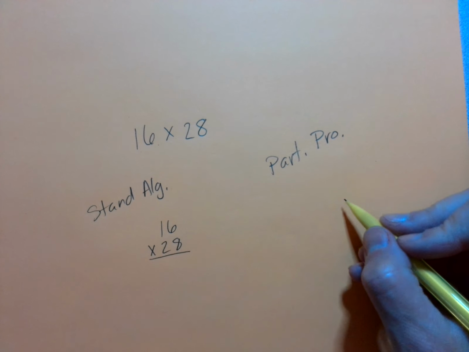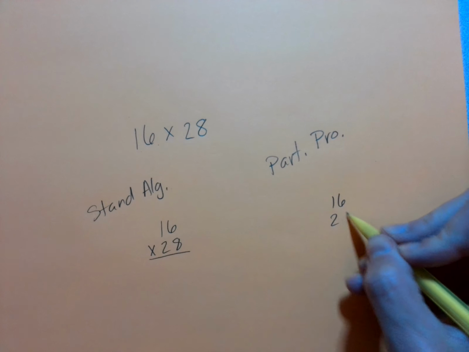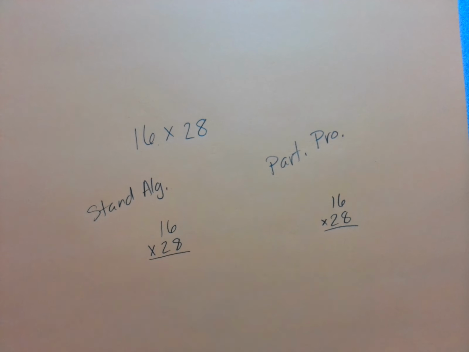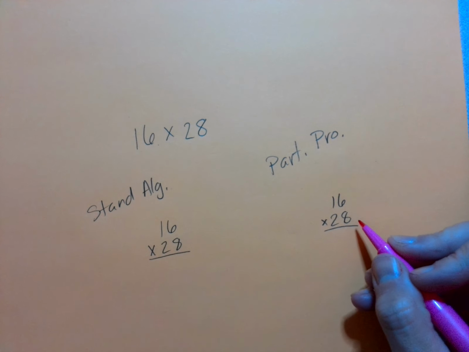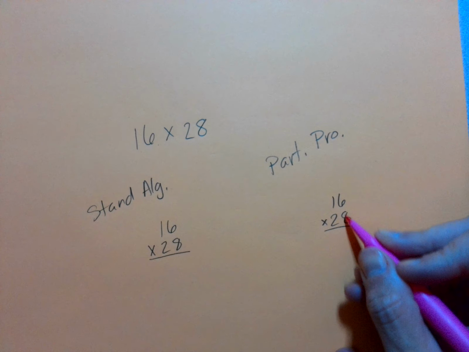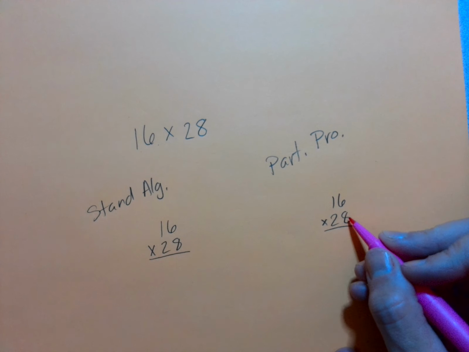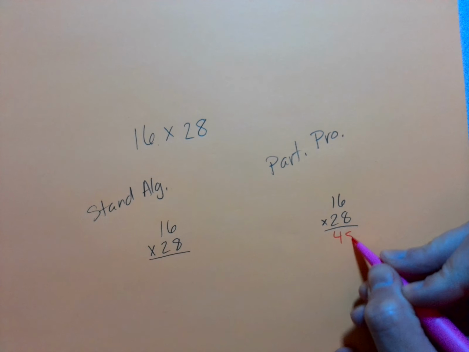Okay, for partial products, it's always written the same too. So I really want to compare and see how much more work and steps there are in partial products versus standard algorithm. So let's start with what you would already be more familiar with, that partial products. And let's multiply each piece by each piece. So we have 8 times 6 is 48.